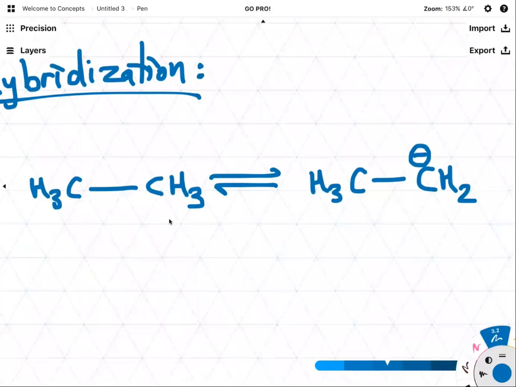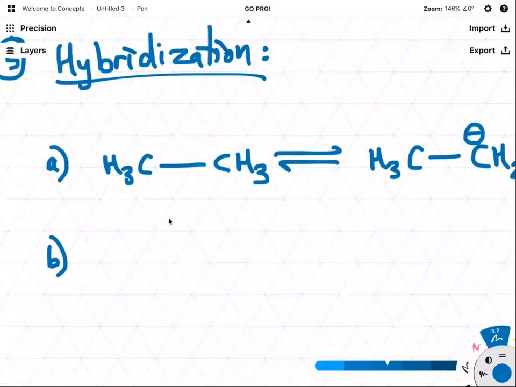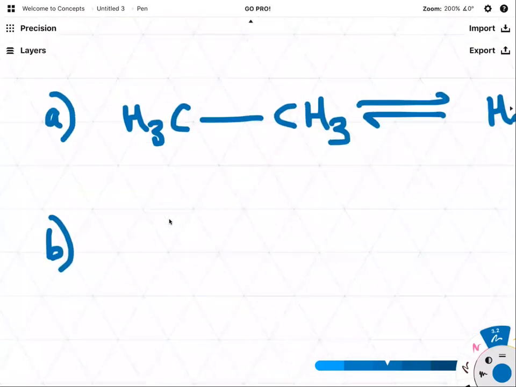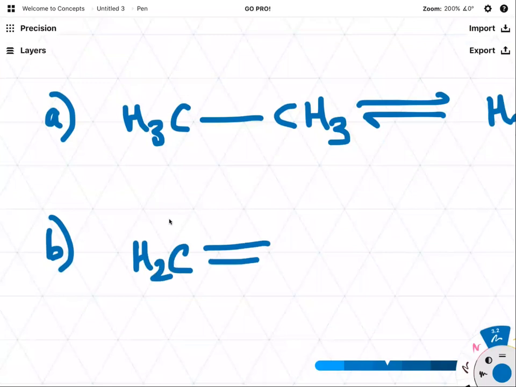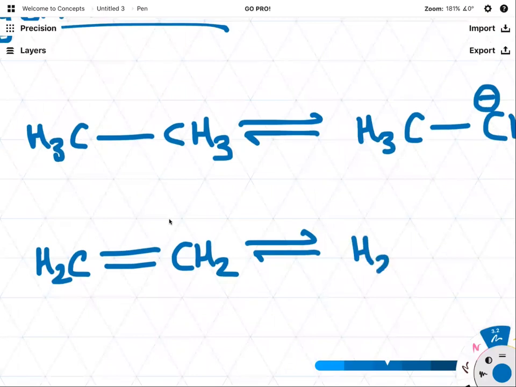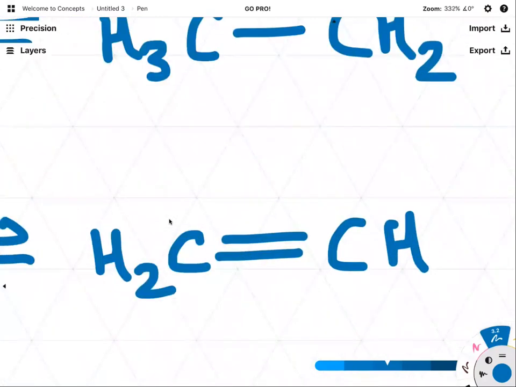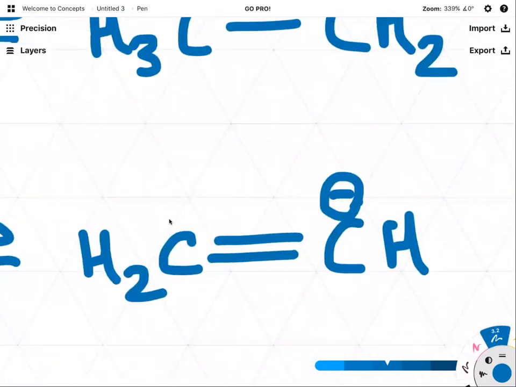Then let's say we had a different molecule. Let's say we had ethene, something with a double bond, CH2, CH2. And this thing becomes an acid, or it behaves like an acid. So it loses one of its hydrogens. So that carbon right there becomes negatively charged.